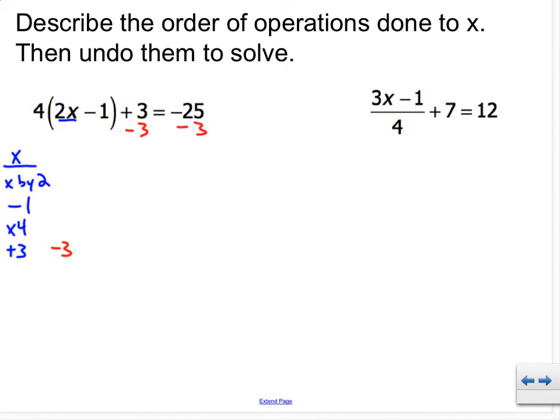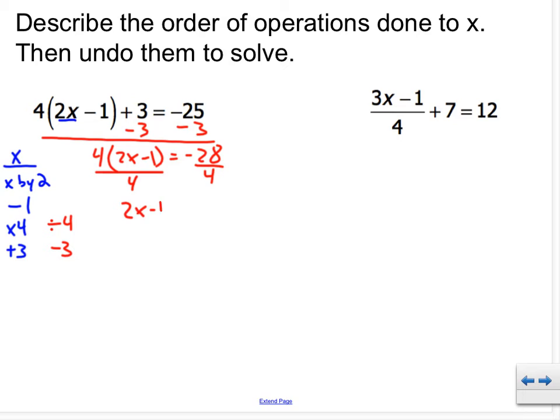So that tells me subtract 3 from both sides. Then I'm going to divide by 4. And that's going to give me 2x minus 1 equals negative 7. Then I'm going to add my 1 to both sides. Then I divide by 2 to get x equals negative 3.